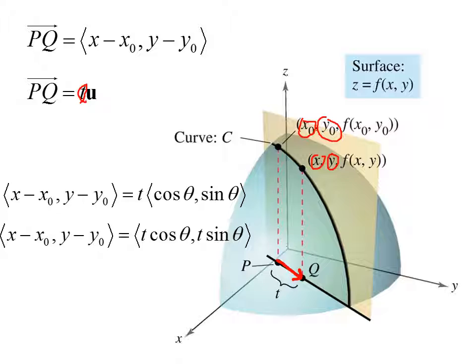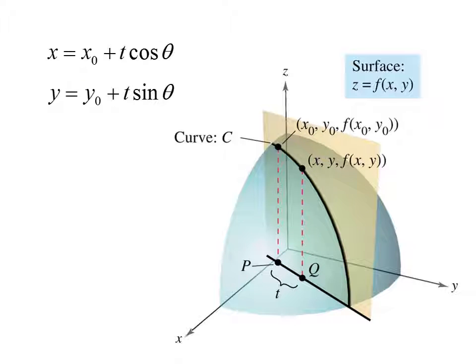And multiplying that out, we get x minus x naught is t cosine theta and y minus y naught is t sine theta. So we can write x and y in terms of the point x naught, y naught and the vector cosine theta, sine theta with some parameter t.